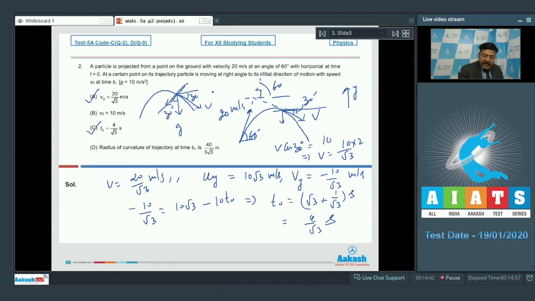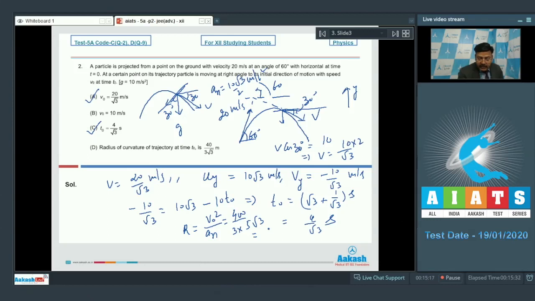So that means an, the component of acceleration perpendicular to velocity, is g cos 30 degree or 10 root 3 by 2 meter per second square, or simply 5 root 3 meter per second square. So the radius of trajectory is v0 square by an, and that means its value is 20 by root 3 square, which is 400 by 3 into an, which is 5 root 3.